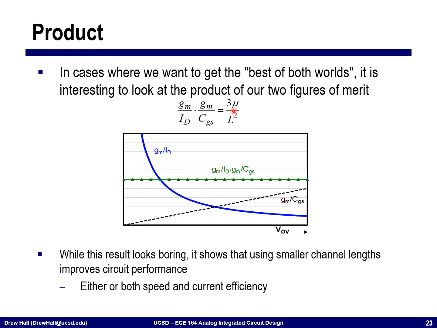That's really what's driven Moore's law continually: decreasing the channel length so that we can squeeze better performance out of the transistors while simultaneously cramming more transistors within a given area. If we do plot this, it looks a little bit boring. It's a constant, so we should be able to bias this anywhere, and we get a constant product. Smaller channel lengths improve circuit performance, and we can use that smaller channel length to get better speed or better current efficiency.